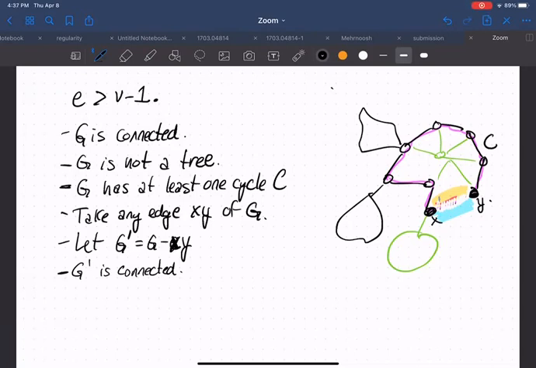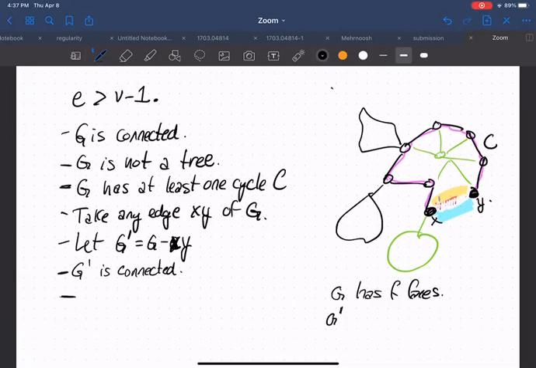How many faces does G prime have? So remember, G, by definition, has F faces. Now, G prime is the graph that I get when I take away this edge XY. Now, XY had two different faces on either side of it, but when I take them away, those two faces become the same face, right? There's nothing separating them anymore.